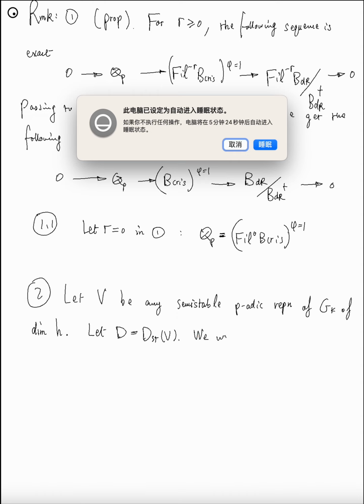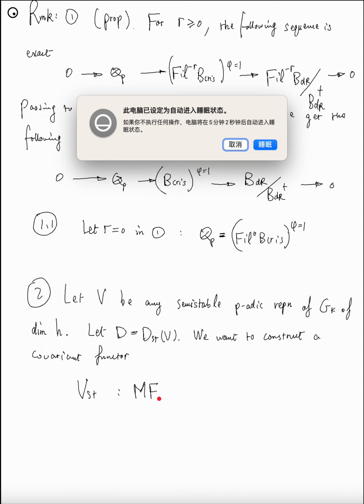We want to construct a covariant functor which we will call V_st.